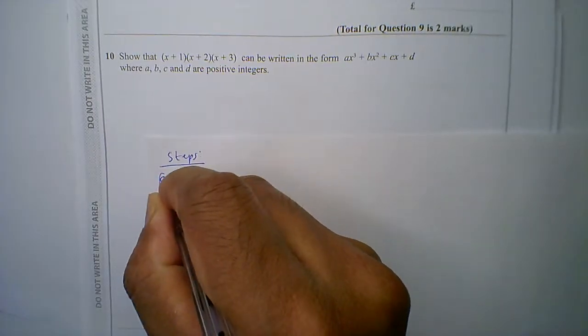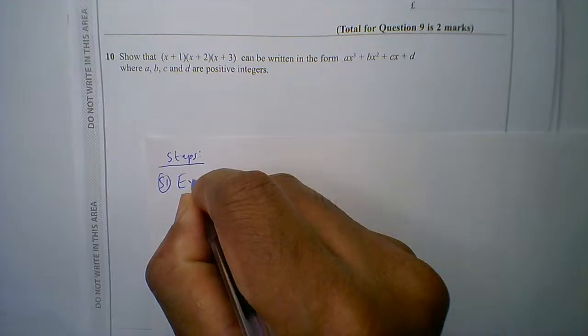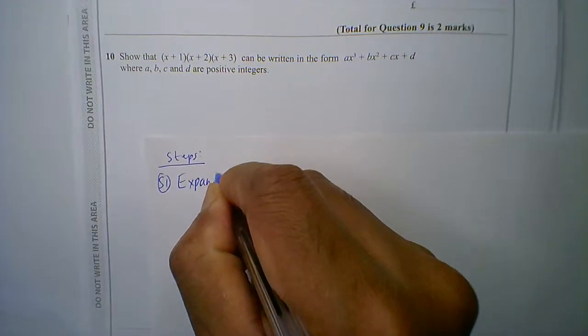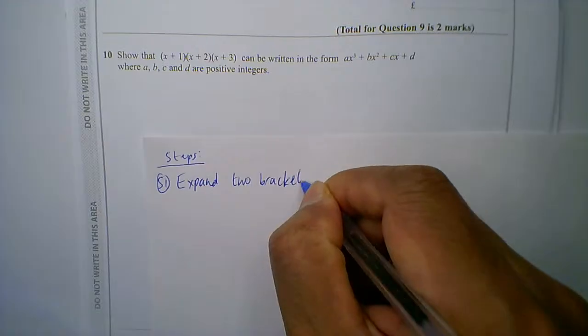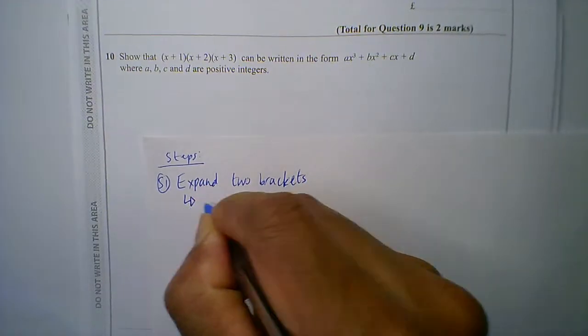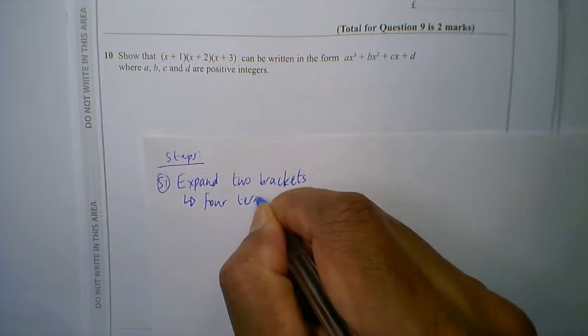Step 1 is we expand two brackets. You're going to get 4 terms, and then you simplify.